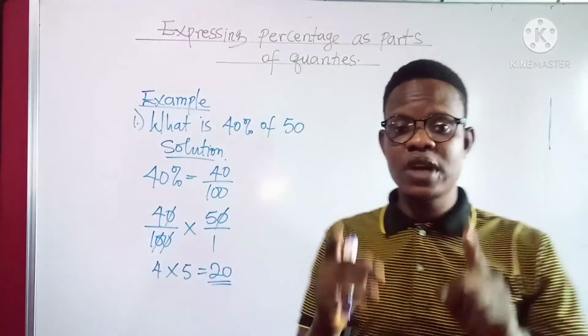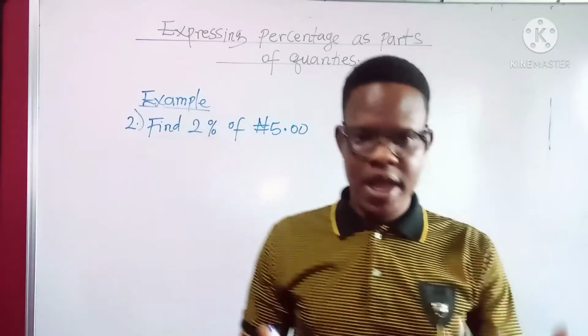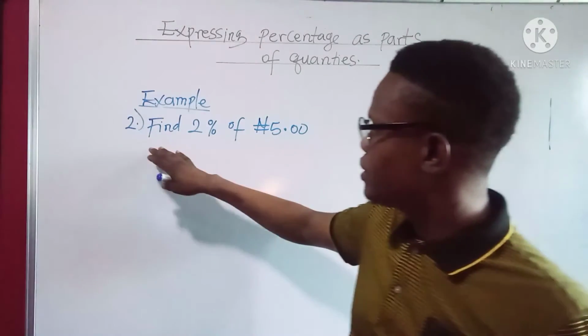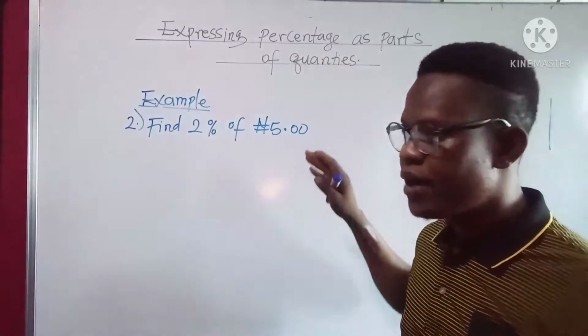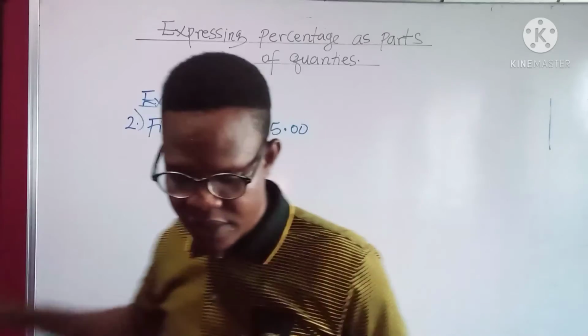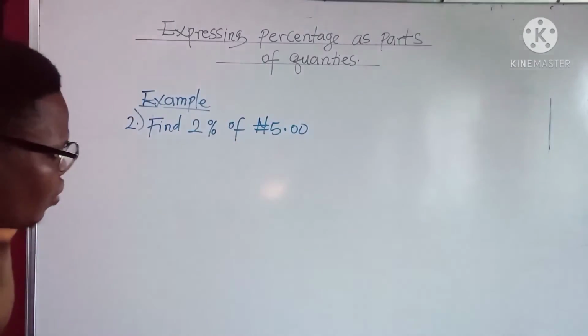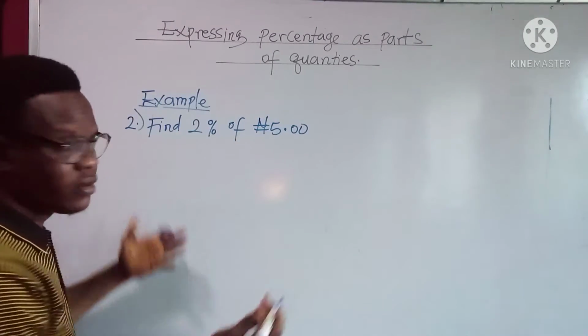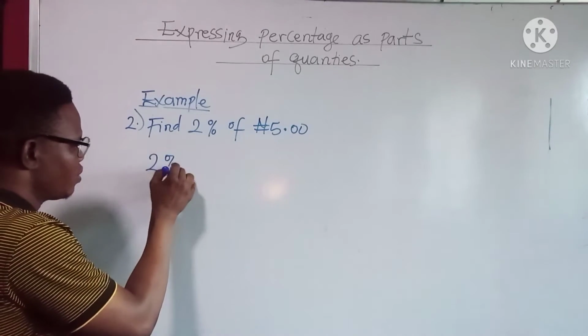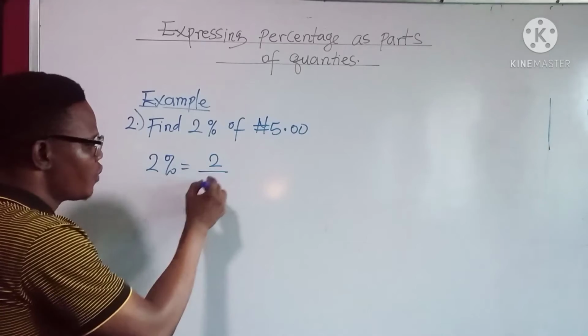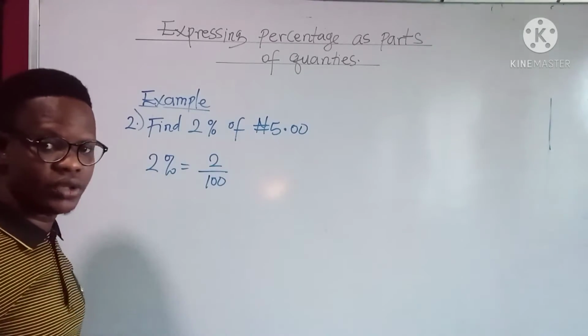Alright, so let us look at another example. Example 2. The question says, find 2% of 5 naira. Don't forget that 2% equals 2 over 100.